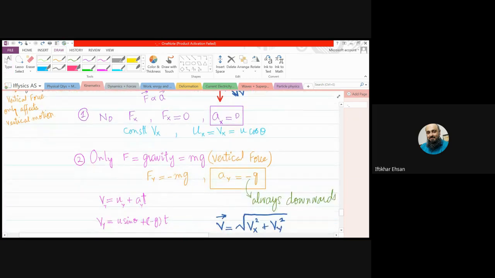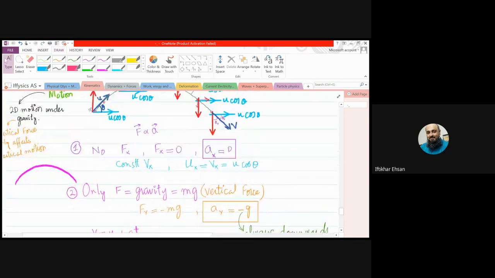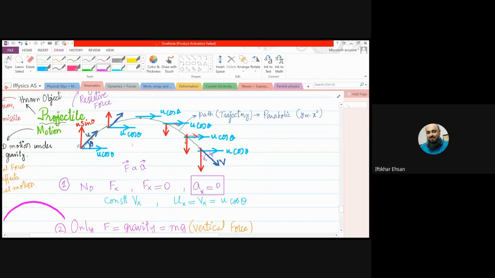And the second, very important point: what is making the direction change like that? The path a projectile follows, like a bowl, is called the trajectory of the projectile. The trajectory is of this bowl-like shape, called a parabola.